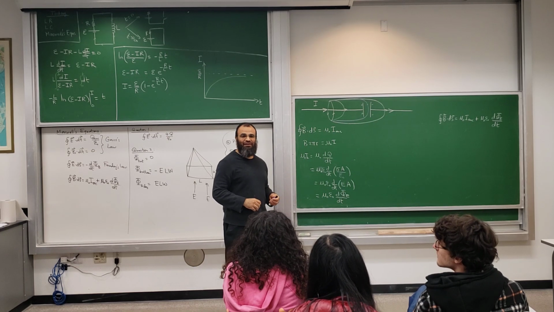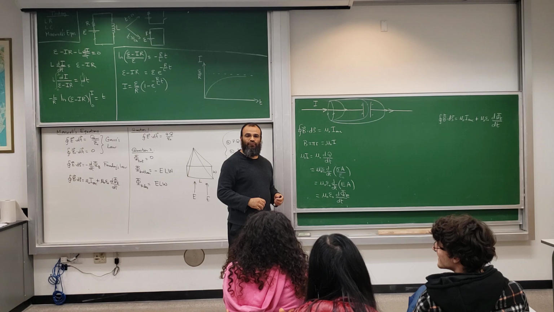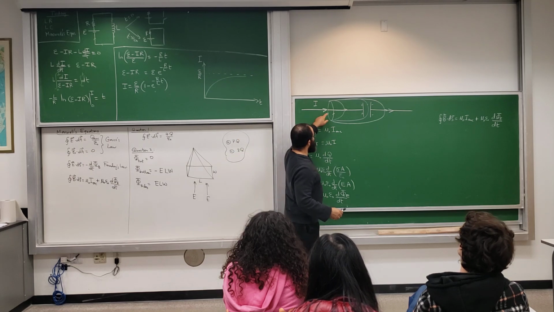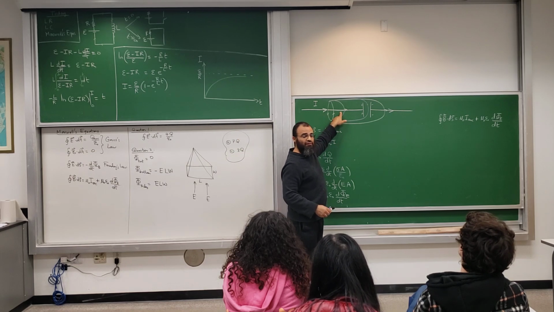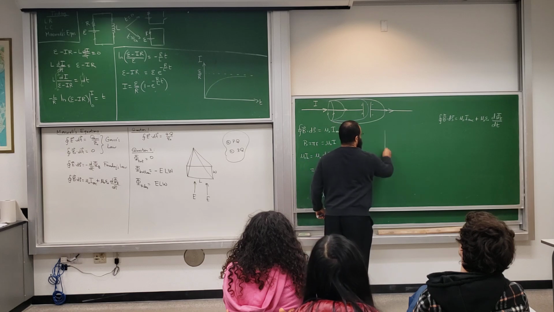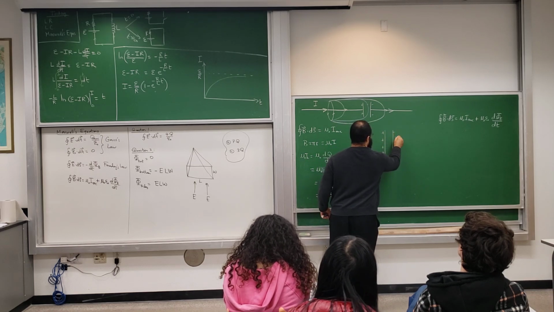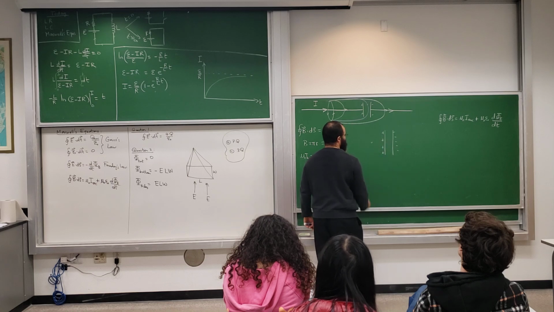Why is the electric flux other than the purple one 0? What's the electric field here? Here is a parallel plate capacitor. What's the electric field here?